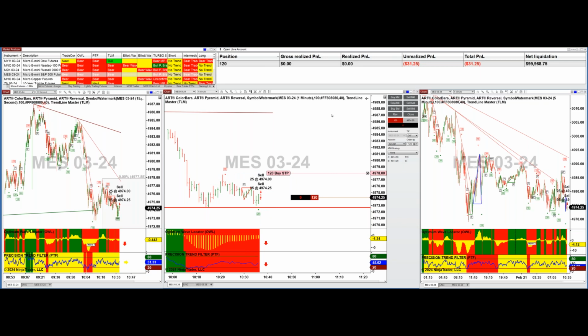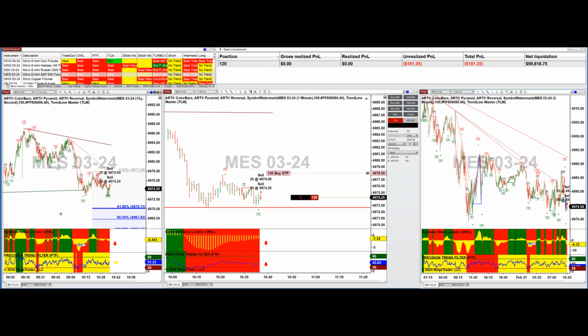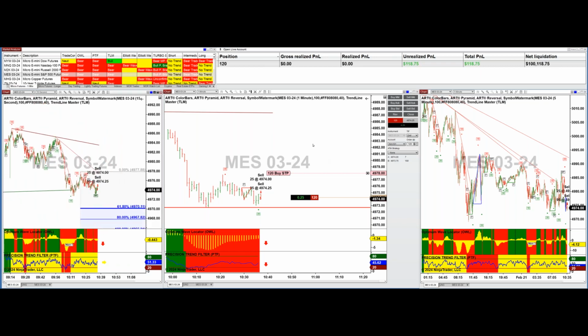And as soon as we hit that red line, we'll probably scale out half of the position and then keep the rest on for the target on the 15-second time frame. And we'll see how that runs out here. So as you can see, the unrealized gain is popping all over the place, okay? It goes from negative to positive, negative to positive, all right?